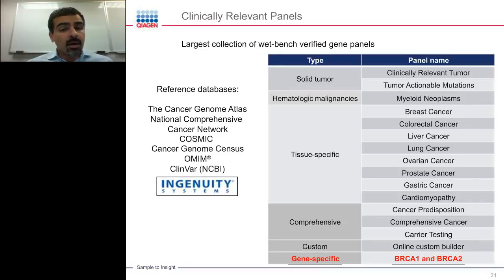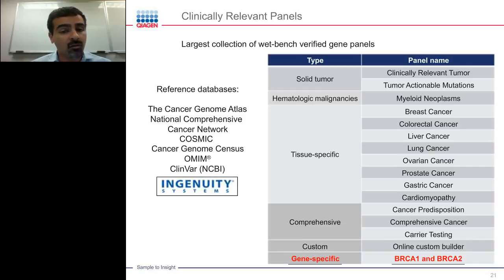So we've developed 15 different cataloged panels. Again, just to remind you, the panels are basically a collection of primers that target specific genes or regions of interest. So the 15 different panels that we have developed have different applications. We've developed some for solid tumors, like the clinically relevant tumor and the tumor actionable mutations panel.